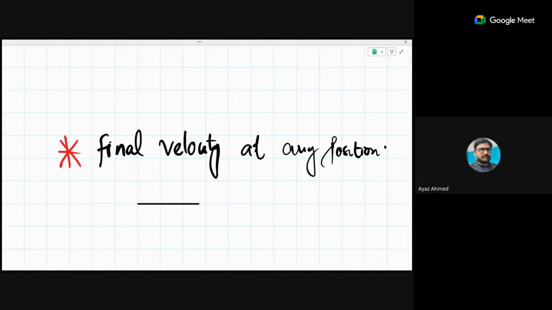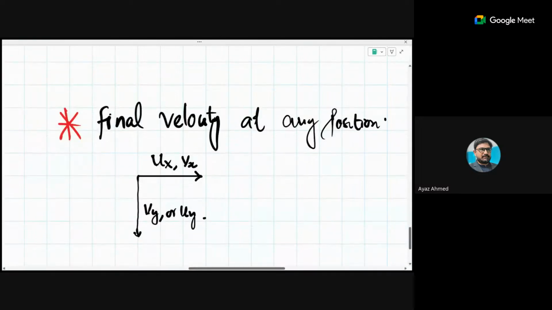One is the horizontal component, that is ux or vx, it does not matter. And the second component is, what is the second component? Vy or uy. Are you getting my point? This is while the body is in the downfall.